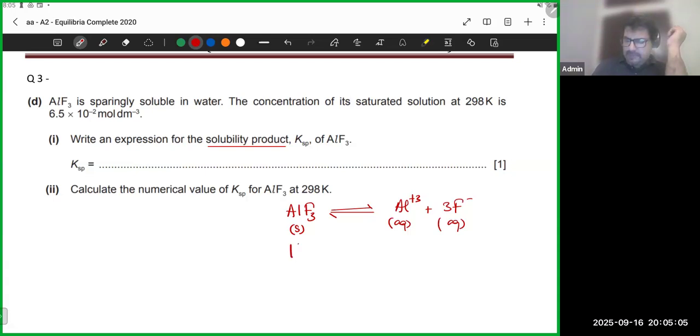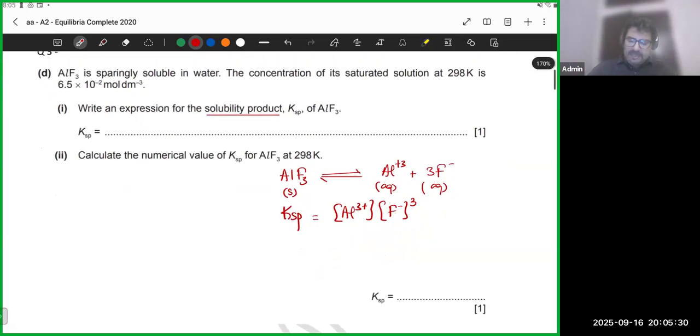So your Ksp expression for this one is the Al3+ concentration times the F minus concentration, cubed. Simply, that's what your expression is, and that's the first part.